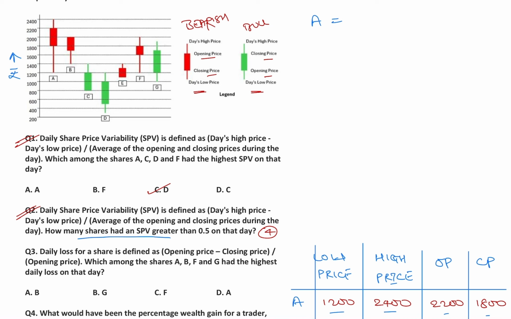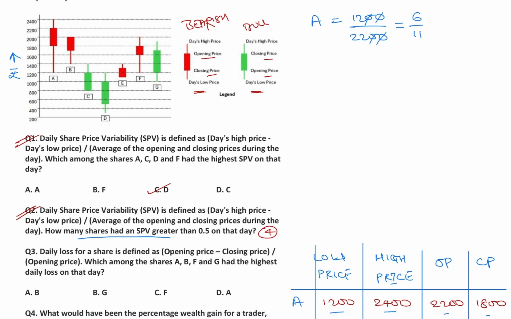So it will be 2400 minus 1200, which gives me 1200 upon opening price, that is 2200. This will be 12 by 22, which means it is 6 by 11, and 1 by 11 is 9.09 percent.